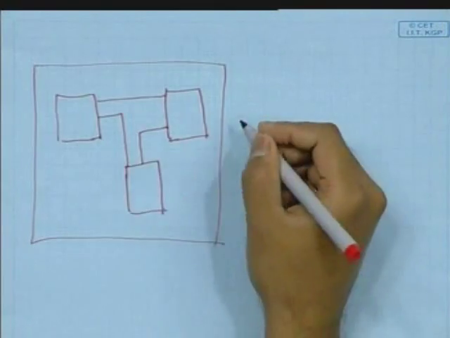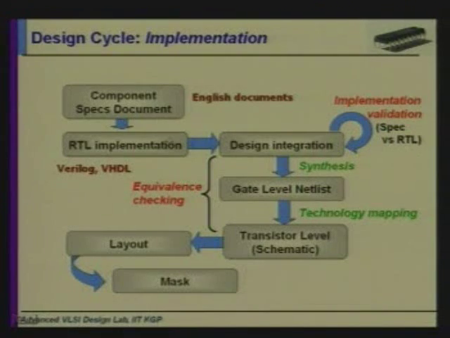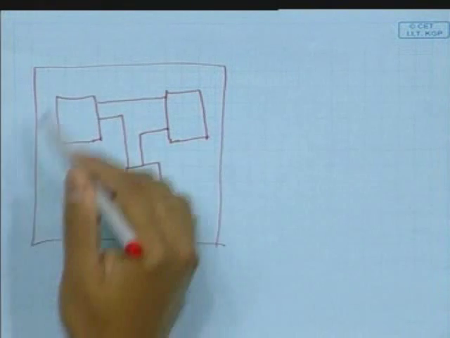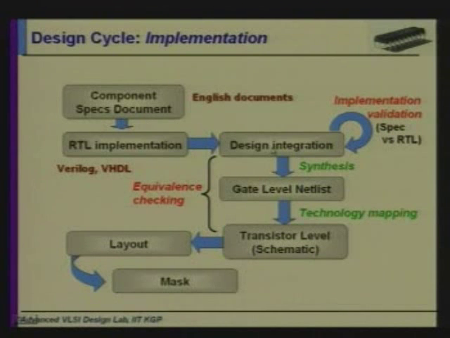Once we have the entire design, we do the verification, that is, we extract some properties from the specifications and try to verify whether these properties hold on this entire integrated design or not. Now from design integration we use some automatic tool to generate the netlist automatically.